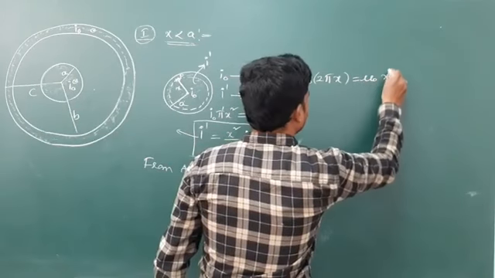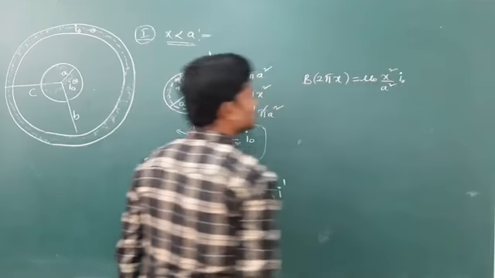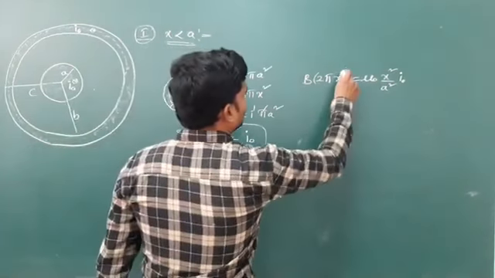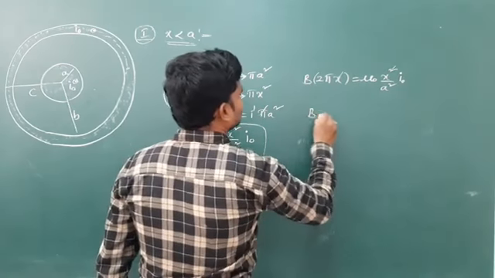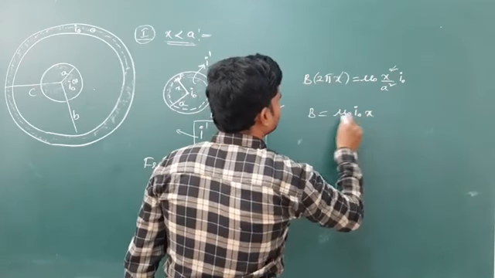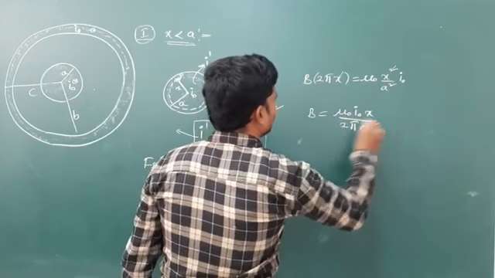What is I dash? x square by a square I naught. Of course, we can write in terms of J also. So B is equal to mu naught I naught x by 2 pi a square.